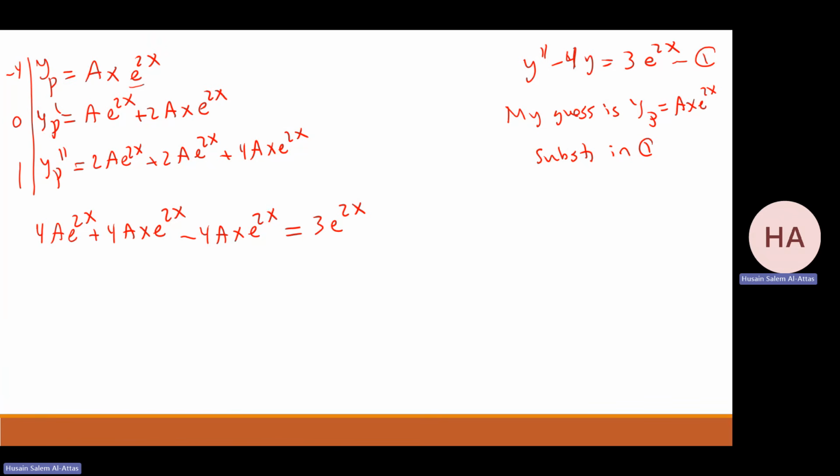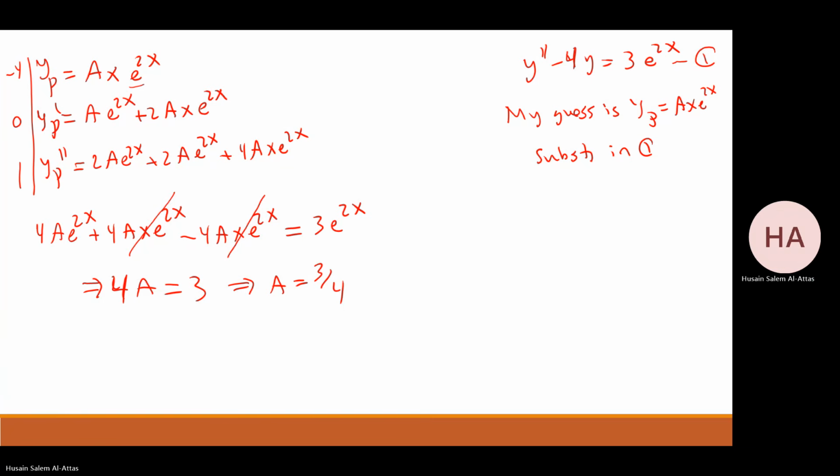I didn't see a mistake here. Okay, so now this is cancelled. So I'm getting 4a equal 3, so it means a is 3 over 4.